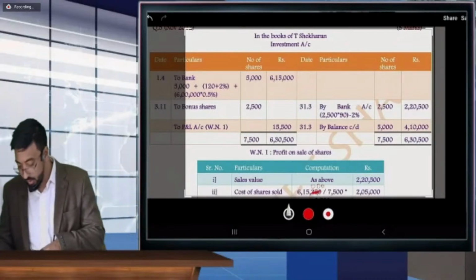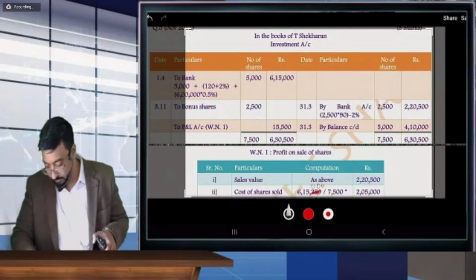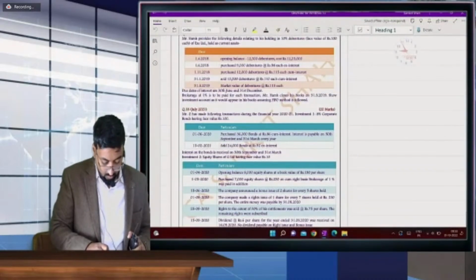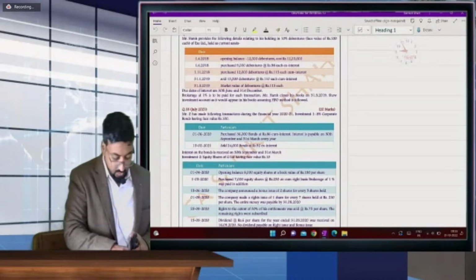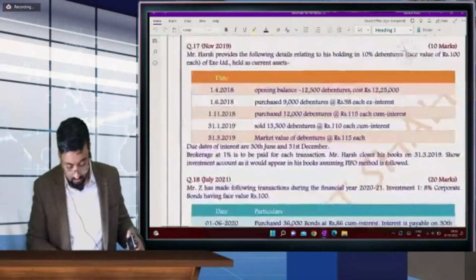Yes. Any other doubt, beta? चलो क्वेश्चन 17 कर लेते हैं. क्वेश्चन 17 टिकटिकी जी. ओके. क्वेश्चन 17 टिकटिकी जी के साथ.